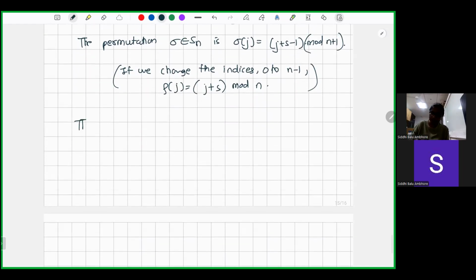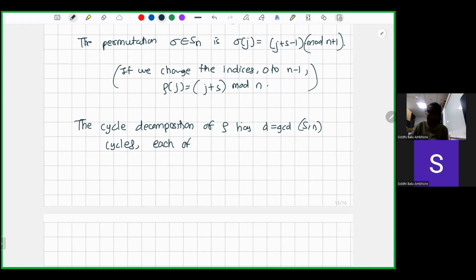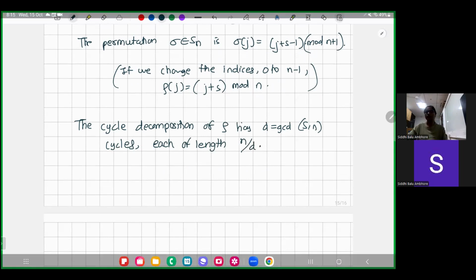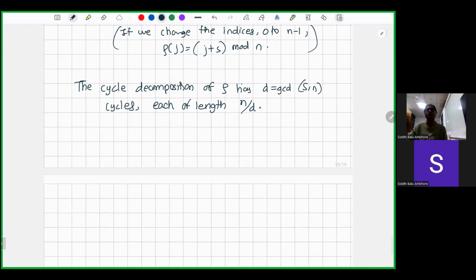So the cycle decomposition of rho has d equal to GCD of s comma n cycles, each of length n by d. You can check this using examples, and the sign will be minus 1 power n minus d.